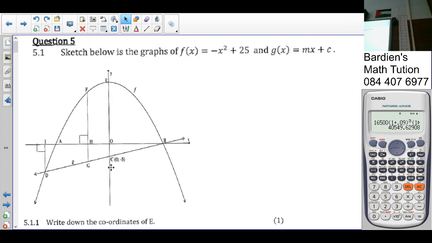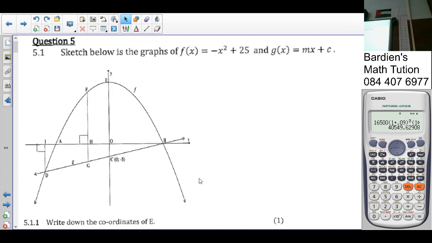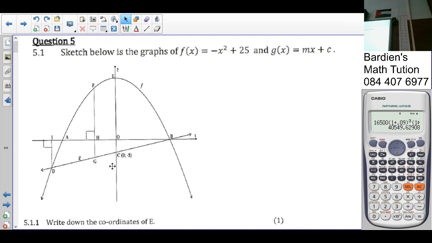Question 5. Graphs. Yeah, how much time do we have left? 1 minute. Okay, so you can do one sum. Okay, so the sketch below is the graph of f of x equal to negative x squared plus 25x and g of x equal to mx plus c. Write down the coordinates of E. So what is E?